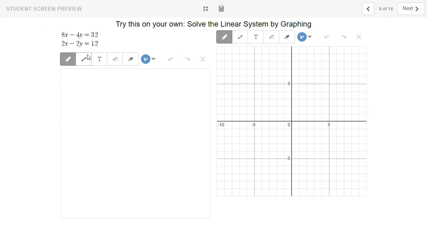Right, hopefully you got a chance to pause it. Let's solve this question. First equation, 8x minus 4y is equal to 32. Negative 4y is equal to negative 8x plus 32. Let's divide each term now by negative 4.